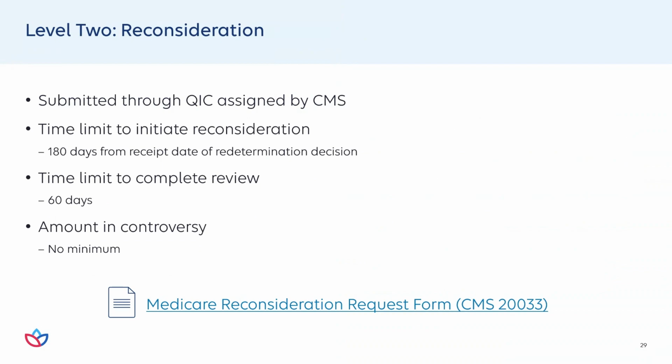The time limit for you to initiate your reconsideration through the QIC is 180 days from the receipt date of your redetermination decision. And the QIC's time limit to complete their review is 60 days. There is also no minimum amount in controversy here, and just as we did for the first level of appeal, we've hyperlinked the Medicare reconsideration request form at the bottom of slide 29.